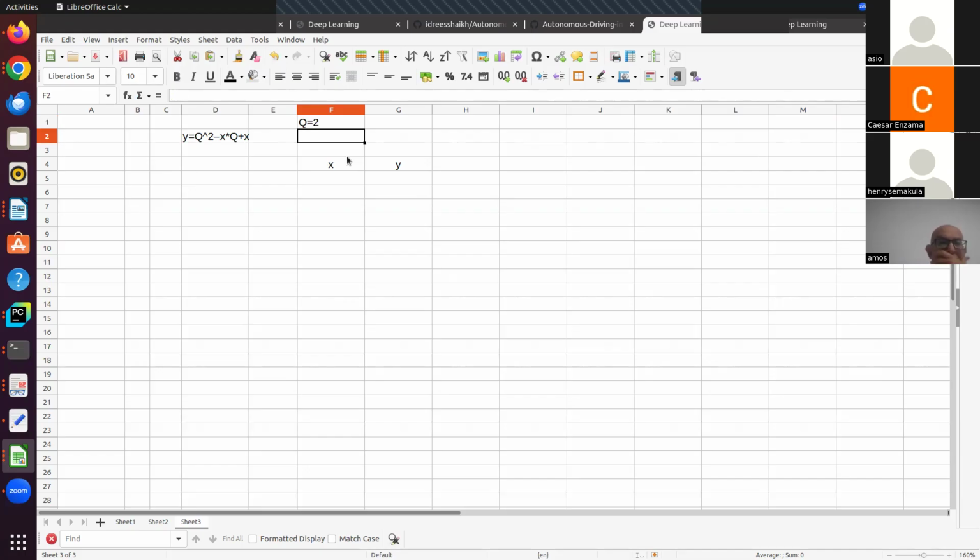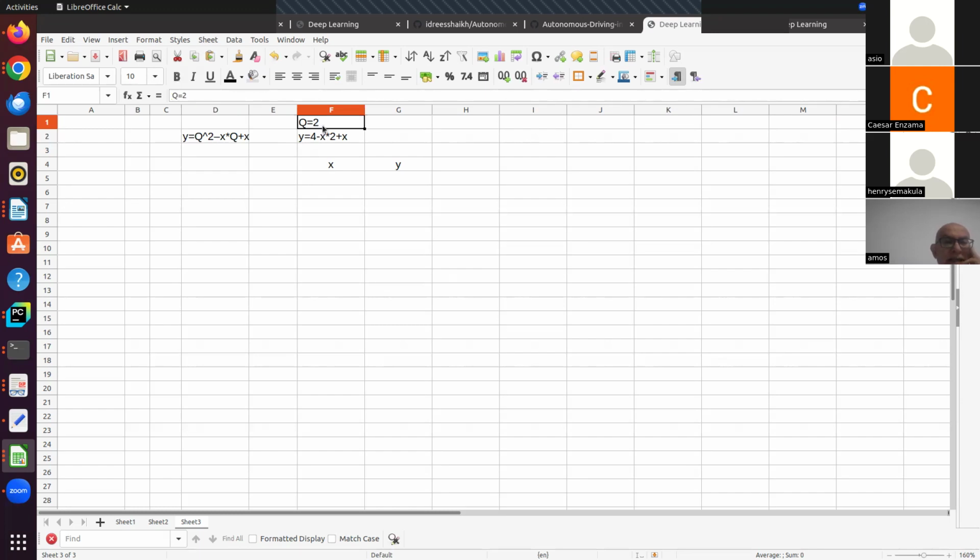What will be the relationship? We can look at this equation. This equation becomes what? y will be equal to, anybody want to help me? 2 to the power 2, that will be 4, right? Minus x times 2, right? Plus x. Everybody with me? We have a relationship between x and y which depends on q.